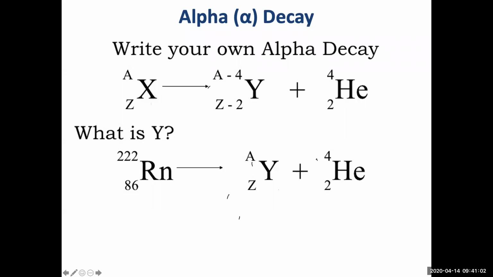This is the formula, and I would like you to tell me what Y is here, what is A and what is Z. We have radon 222 decaying by a helium particle. So what is A and what is Z, please? Yes, I know, but give me the number.